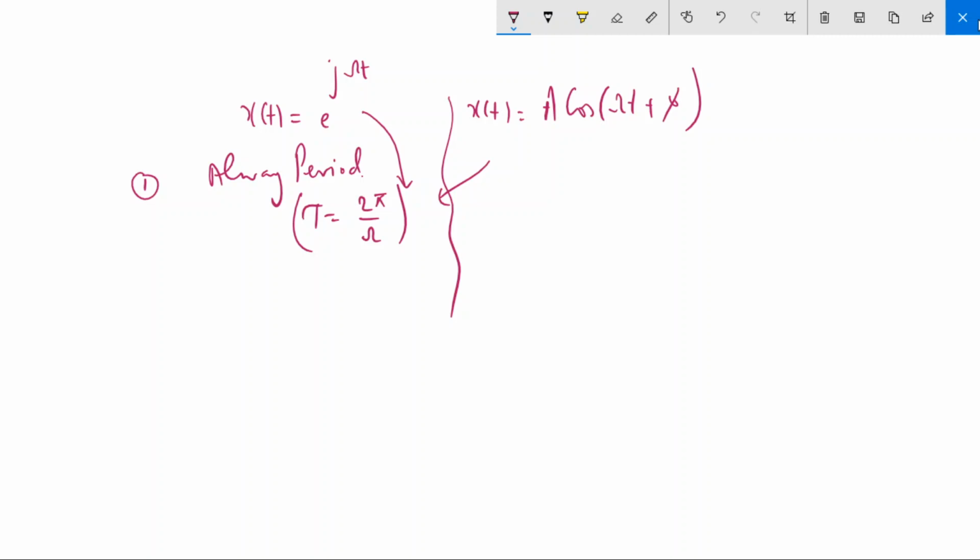And how can you verify it? Suppose this signal is periodic with some time period T. It means it satisfies this equation, x of t plus capital T should be equal to x of t.